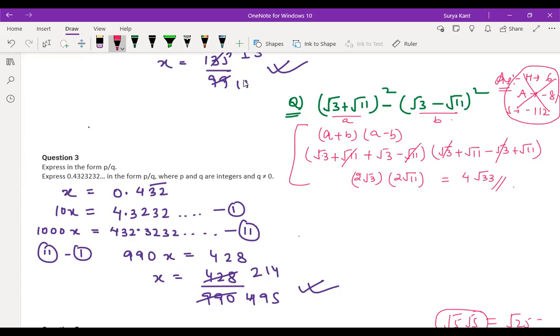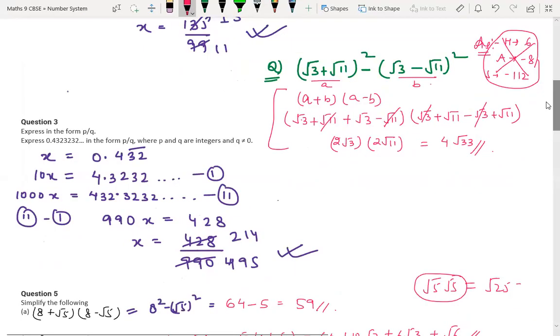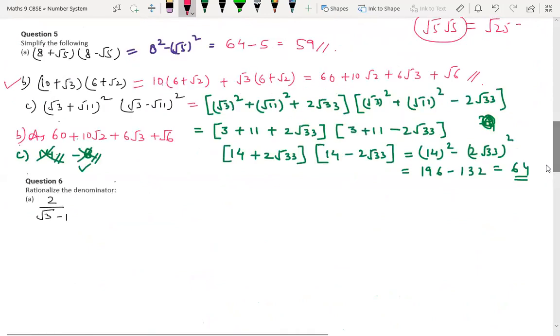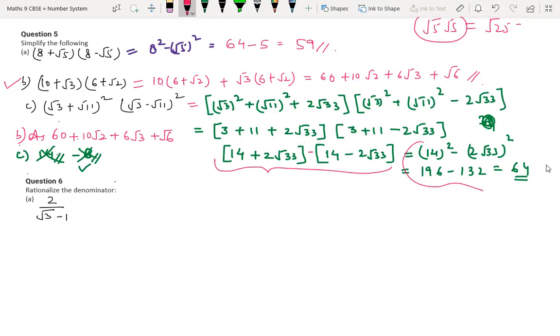Okay. So the other method, we can solve it in another way too. Like here, what we have expanded, here only you can write a minus sign. See, children, you expand it till here, right? And write a minus sign here. Now, if minus is there, so 14 plus 2 root 33 minus 14 plus 2 root 33.